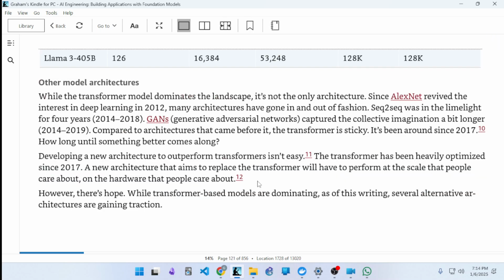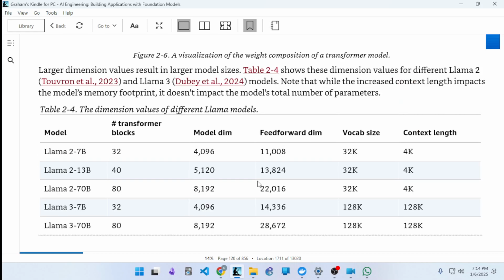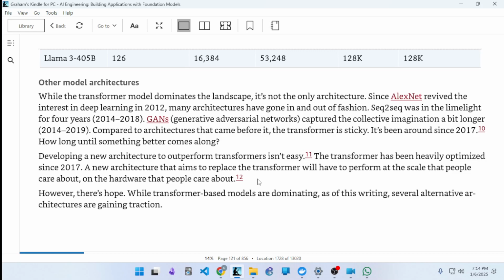All right. So Llama 3-405B is very large. Other model architectures. While the transformer model dominates the landscape, it's not the only architecture. Since AlexNet revived the interest in deep learning in 2012, many architectures have gone in and out of fashion.